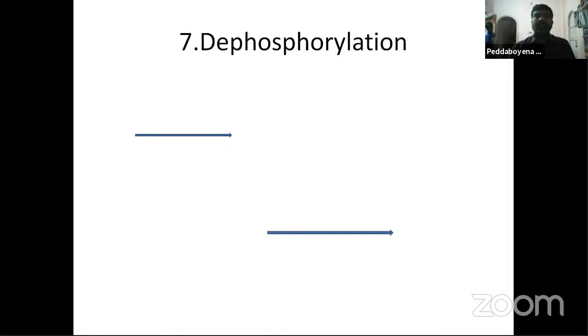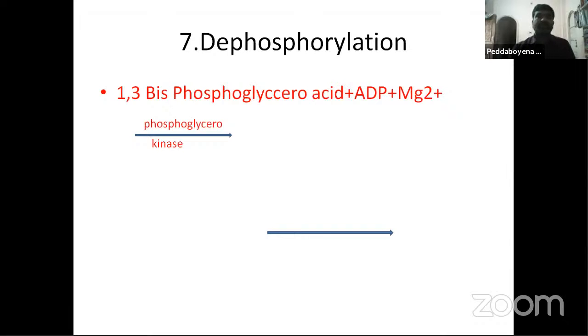Next reaction is dephosphorylation. In this dephosphorylation, you are observing 1,3-bisphosphoglyceric acid and ADP, in the presence of the enzyme phosphoglycerokinase, resulting in 3-phosphoglyceric acid and formation of ATP.